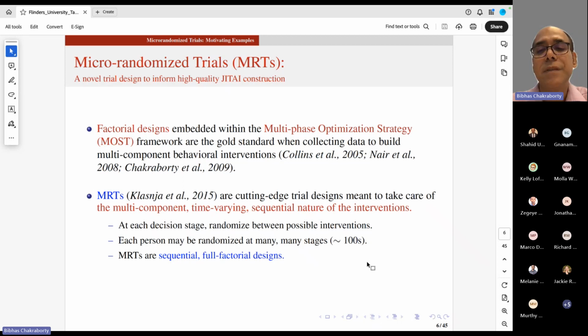It could be the same ones repeatedly, but could be a bit more depending on different situations. Each person may be randomized many times. It could be in the hundreds, and in fact, there are some examples that I'm not directly involved in where it could be even thousands, depending on how frequently you are randomizing people to the nudges. It could be every couple of hours. It could be a bit boring or too intruding, but depending on the context, this may be okay.